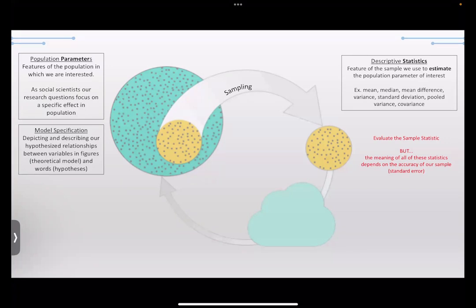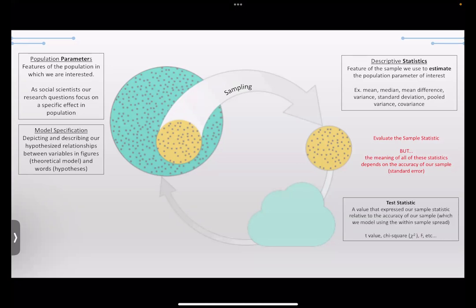So we then take our descriptive statistic and our standard error, and we put that together into our test statistic, right? Those are the two components of our test statistic. And we then ask ourselves, how likely is it to get that test statistic if there's nothing going on out in the real world?